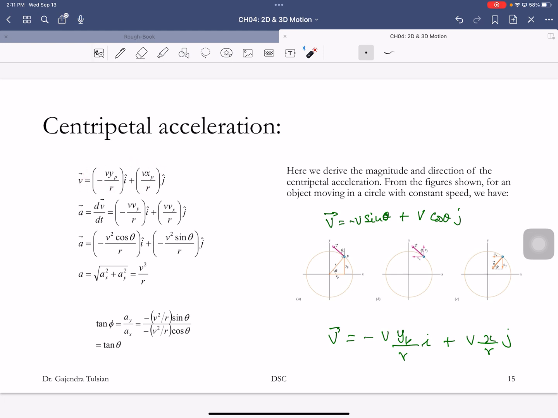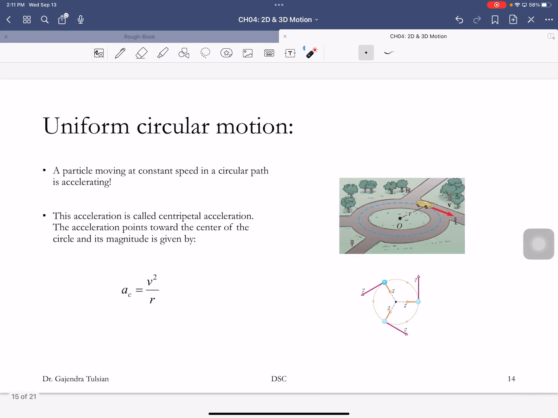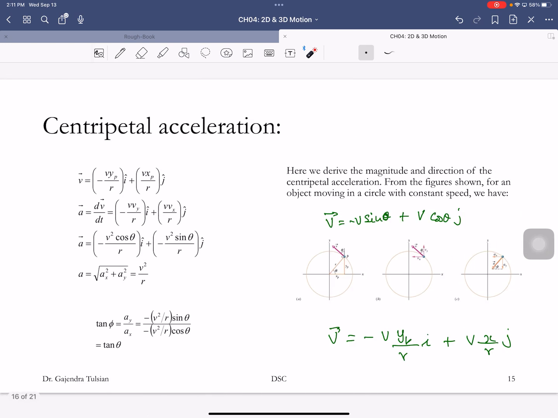What we are trying to do is show you that the magnitude of the acceleration is that, and that the acceleration is pointing toward the center. So you're going at constant speed in a circular motion. R is not changing. V, the magnitude of the velocity, is not changing.